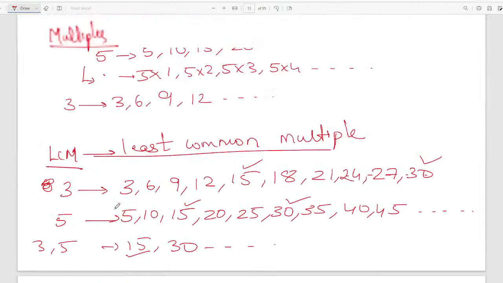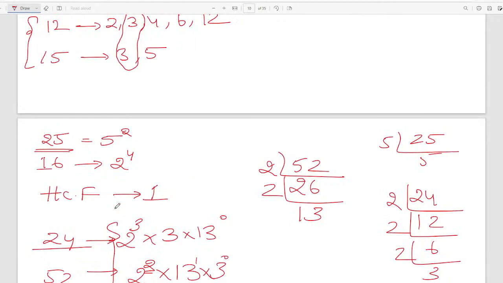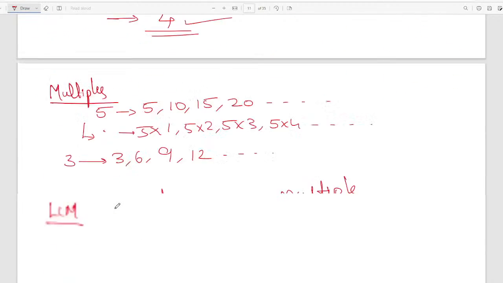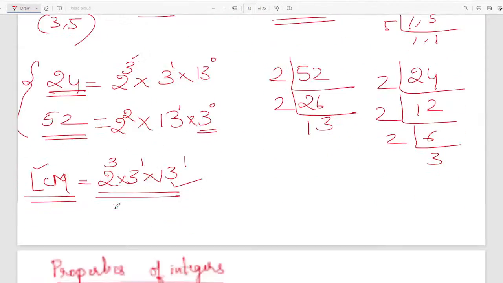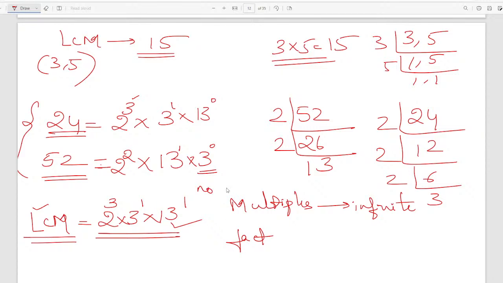How to calculate LCM and HCF, what is LCM and what is HCF, what is a factor and what is a multiple. The multiples would be infinite, and the factors would be finite. Number of multiples would be infinite, number of factors would be finite.